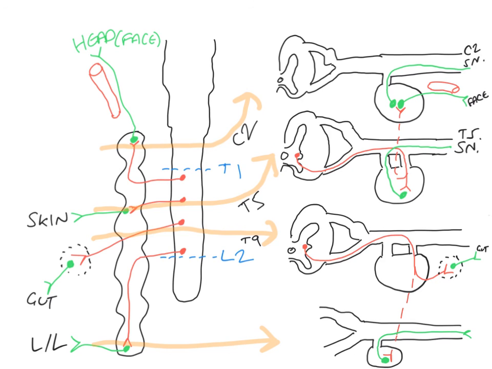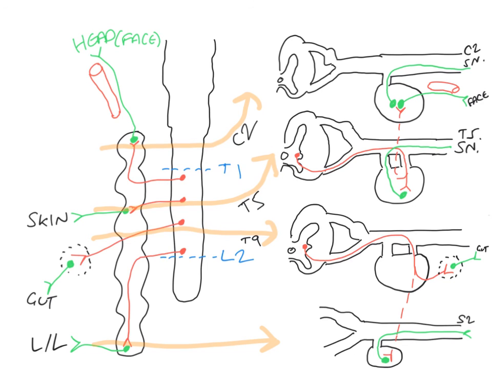So this might be entering the S2 spinal nerve, for example. So that would be how the dermatomes of the lower limbs get their sympathetic innervation, via preganglionics which have descended through the chain.